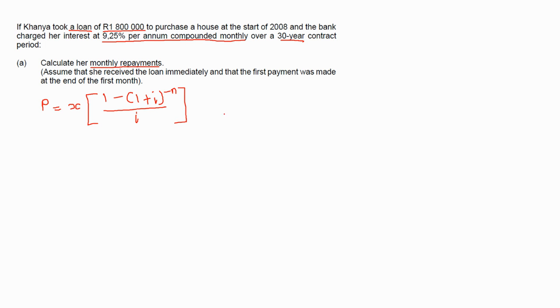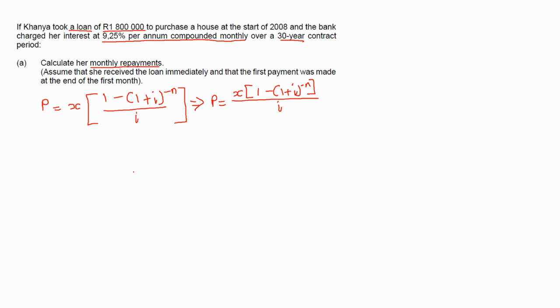Okay, please take note that this is just the same as the other way in which this formula is represented. P is equal to X, and then you put your bracket like this: 1 minus (1 plus i) to the power negative n, like this. You see that? You can do that. It's just the same thing over i. These two are just the same thing.